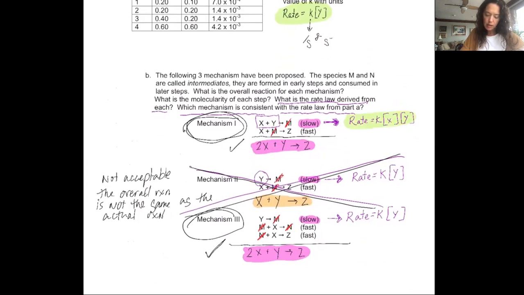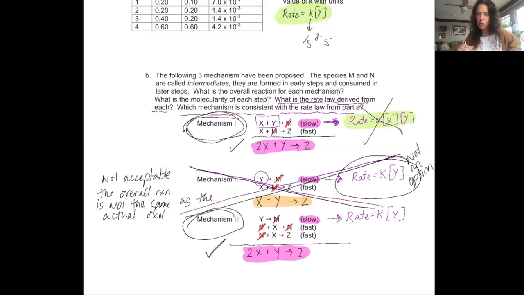That one is not consistent, right? That is not consistent. The second one is consistent, but it's not an option because the overall was not the same. So that one was already out.